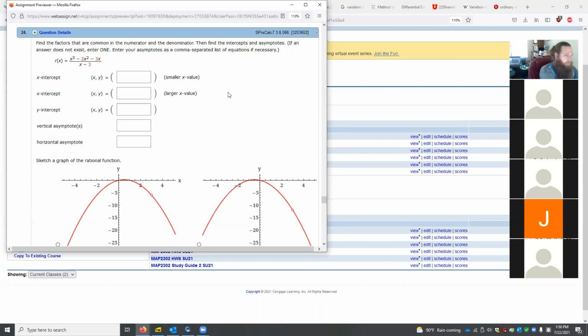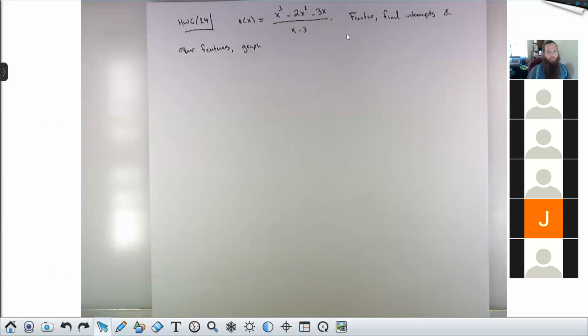Here is x cubed minus 2x squared minus 3x. Downstairs is x minus 3. Factor. Find intercepts. Features. And graph. All right. So let's begin by factoring.